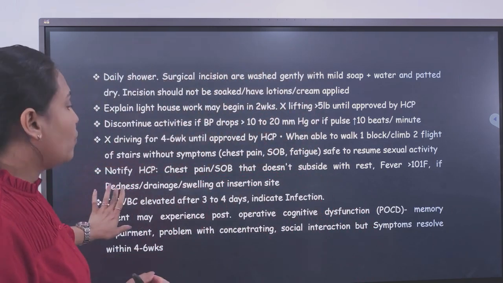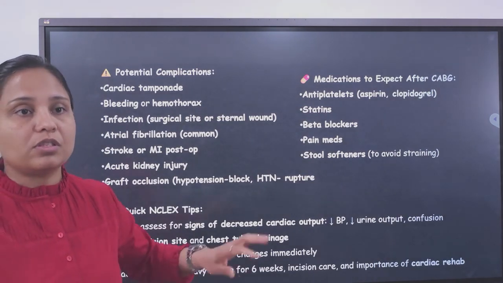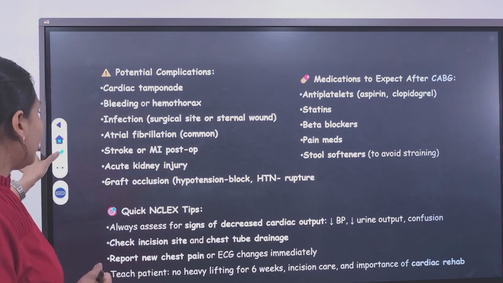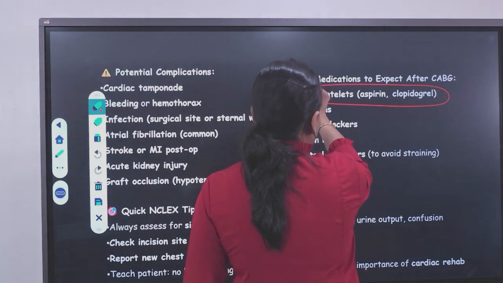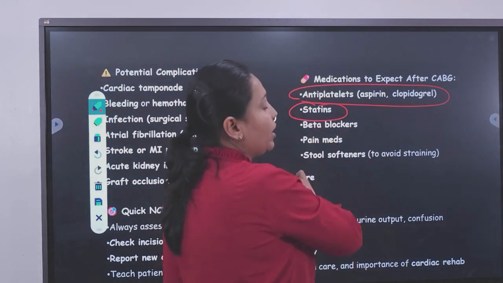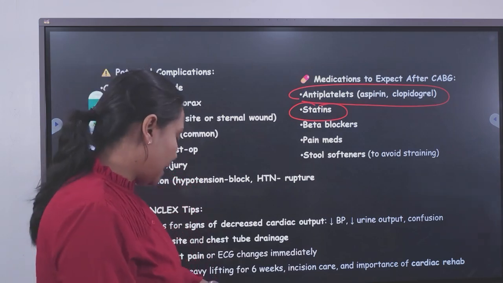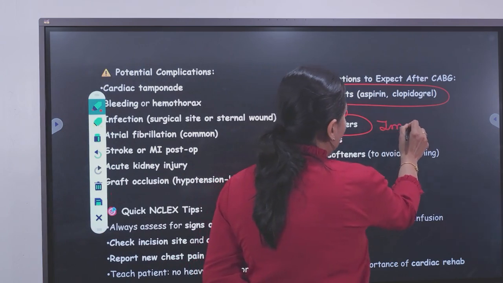And what medications are we going to give to the patient after surgery? This is very important. Please understand, antiplatelet medication is important that you are going to give to the patient. Statins, because we don't want any other artery to get blocked, so statin is important. Beta blocker is the most important medication.